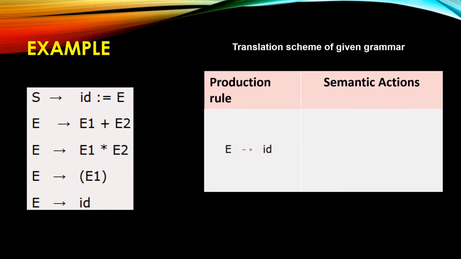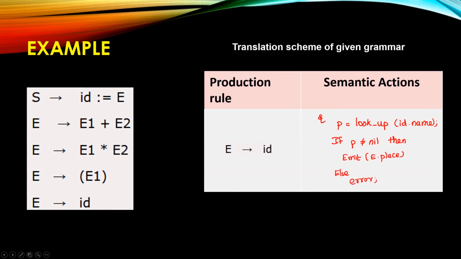Next for the last production, E gives id. First, if an identifier is given, you have to use the lookup function to look up whether the id is present or not. So p is equal to lookup of id.name. If this id is present, that is if p is not equal to nil, then you have to form a 3 address code, emit E.place. Else you have to report an error.